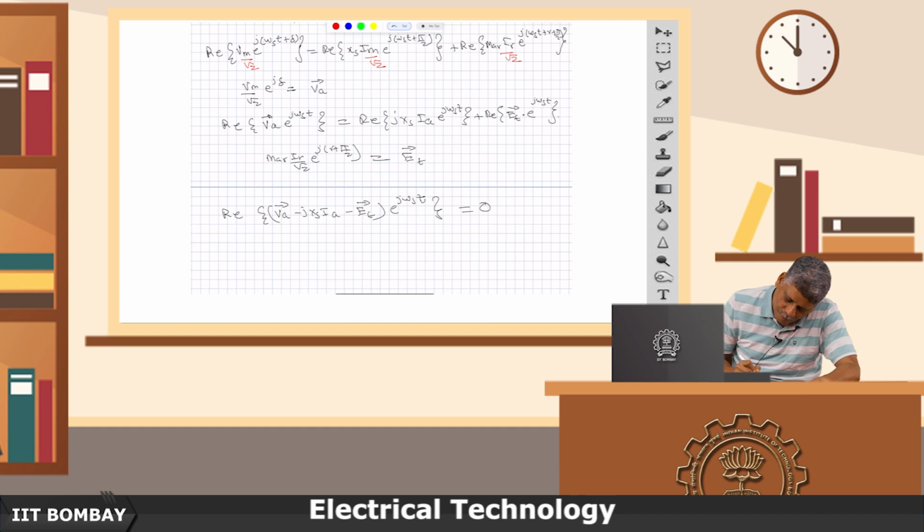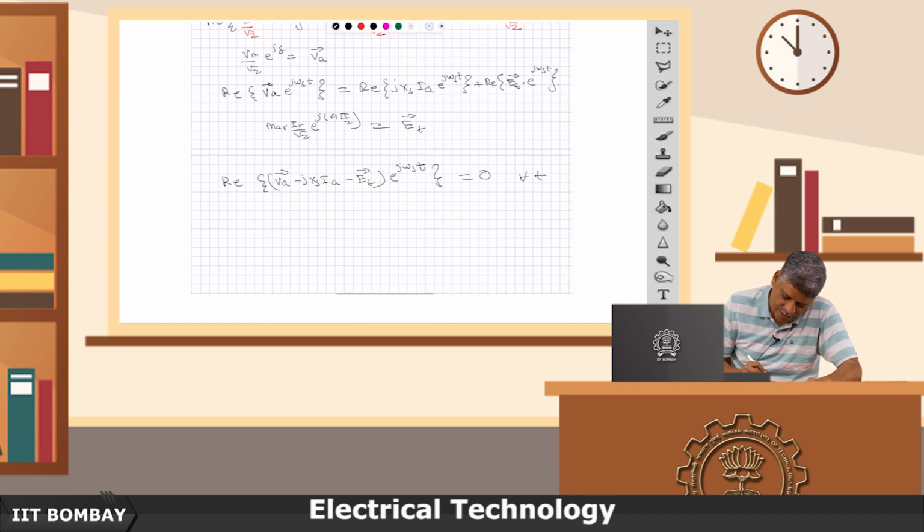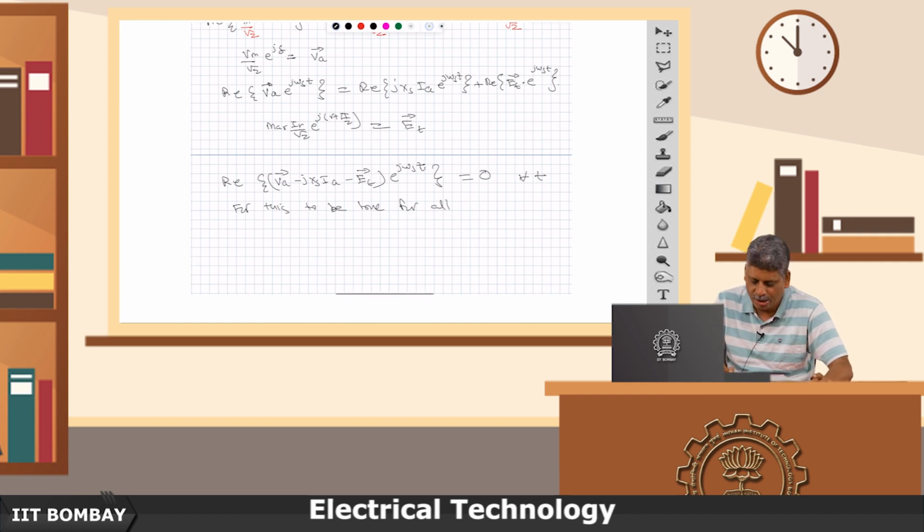So, this is only possible if this thing by which the amplitude is scaled, this term here itself becomes 0, for this to be true for all t, even when you are just looking at the real part.